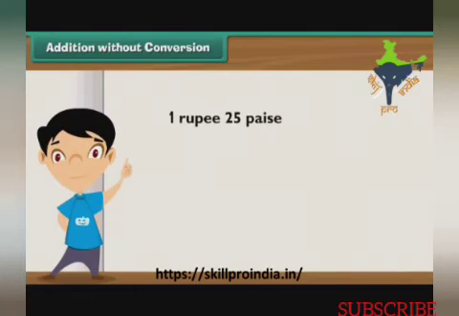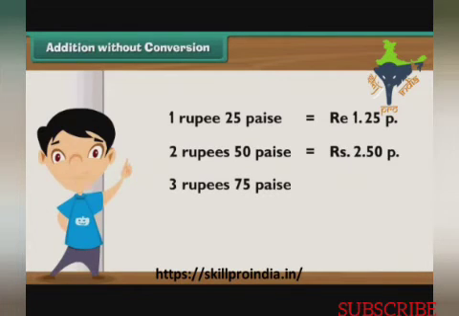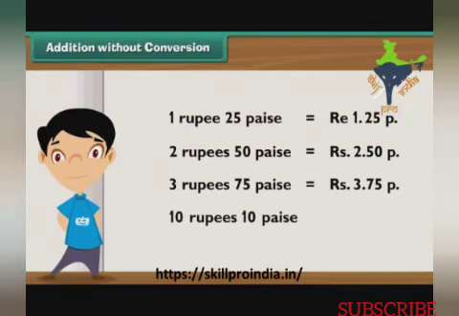Now we can write 1 rupee 25 paise as rupee 1.25p, 2 rupees 50 paise as rupees 2.50p, 3 rupees 75 paise as rupees 3.75p, and 10 rupees 10 paise as rupees 10.10p.